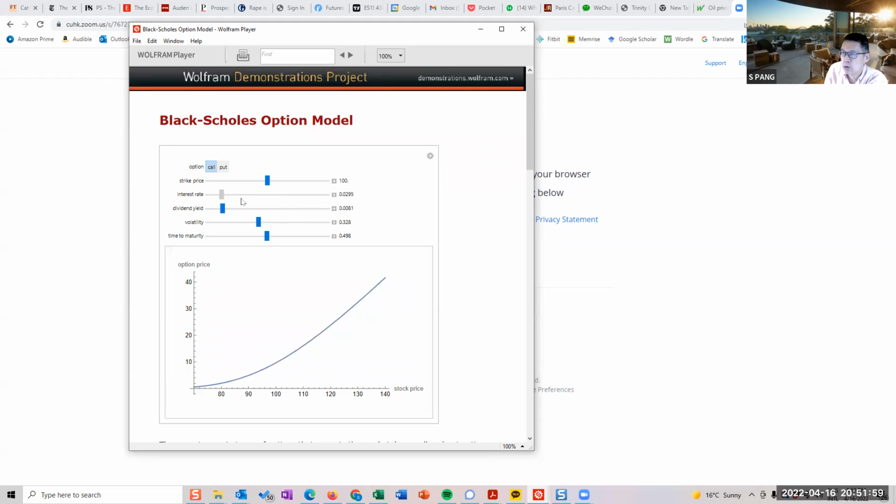Now I'm not going to disturb the strike. Some of these properties are shared by put options, not all of them, but many of them are, like time to maturity and volatility. Dividend yield works the other way, and the same for interest rates.